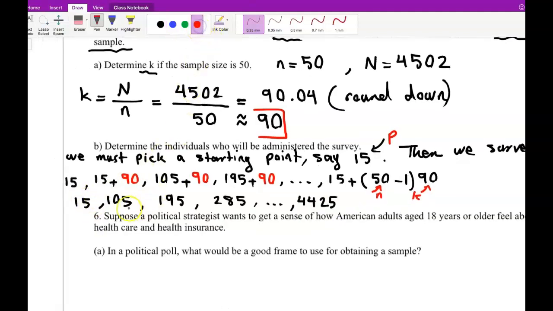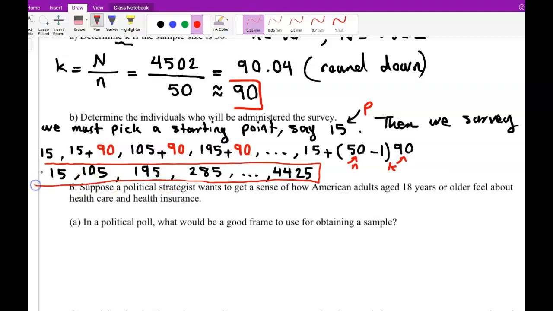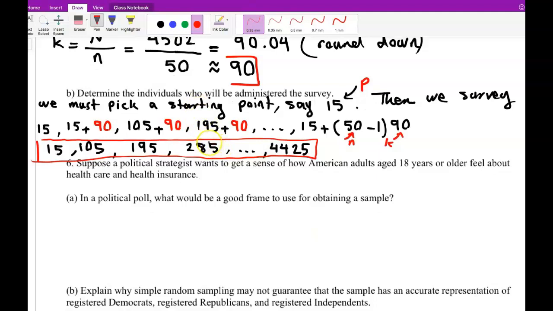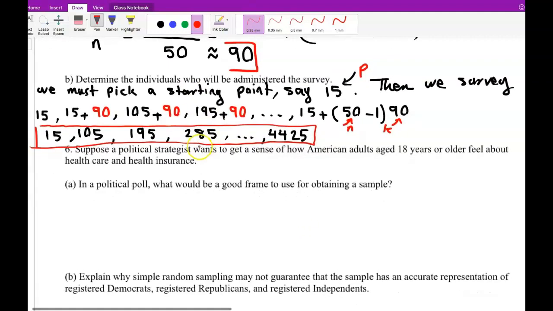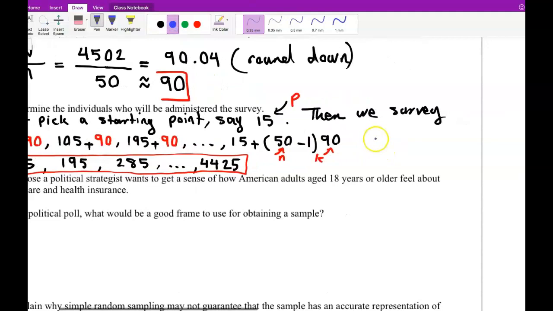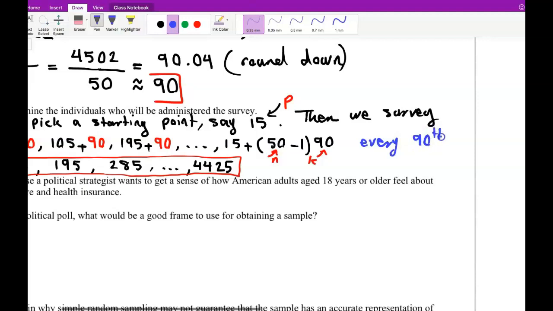This is our sample, and it's the final answer for part B. What we did here was that every 90th individual was selected to obtain the sample.